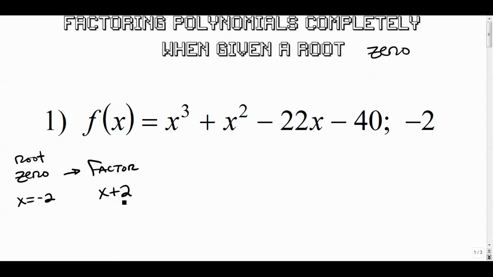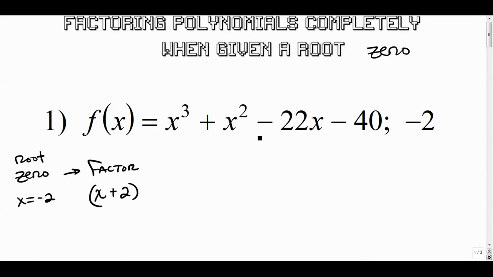The way that you do that is you always take your 0 and you say, okay, x minus whatever the 0 is. X minus -2 is x plus 2. So there's our factor. That is one of the binomial factors here in this cubic equation.